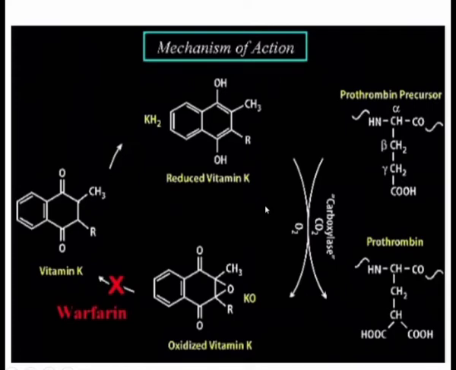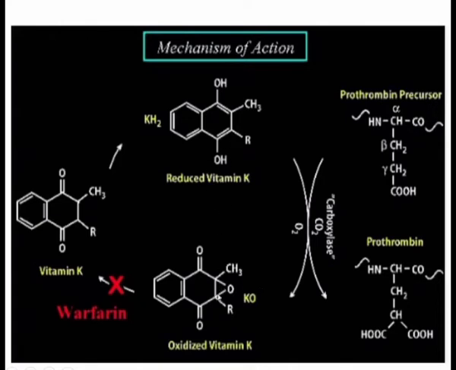So you see over there the prothrombin precursor where you have a glutamic acid residue. Here you have the prothrombin, and now the vitamin K gets converted into the reduced form, and this will now result in the epoxide form.